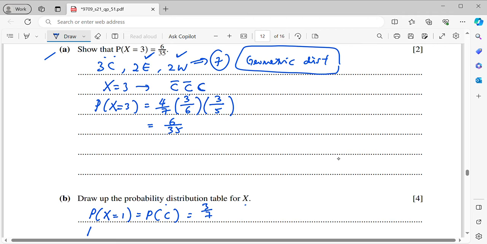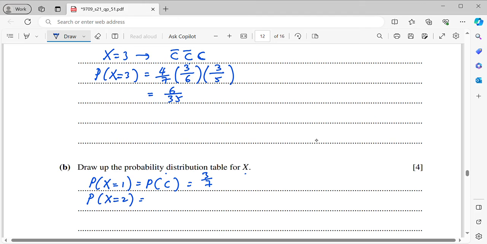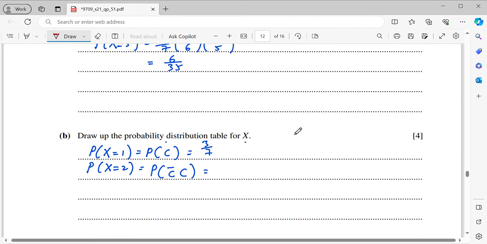So now, it can be she has to open up to the second tin. Then only she gets the carrot tin. Which means the first tin is not carrot and the second tin is carrot. So from here, the first tin is not carrot means that it will be 4 over 7, because we have done it in the previous calculation. So 4 over 7.